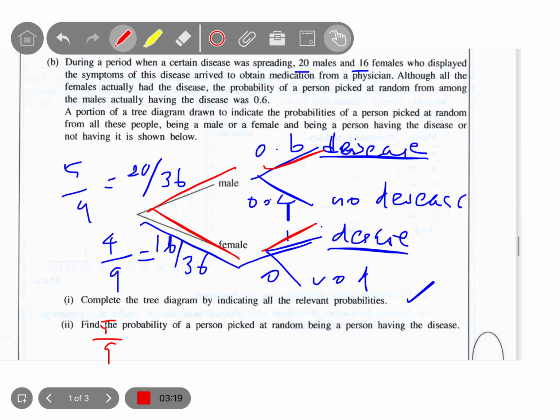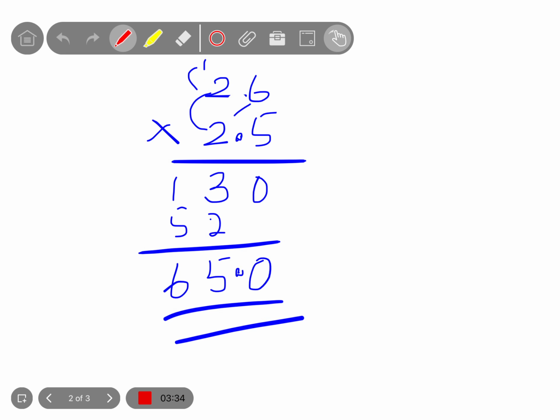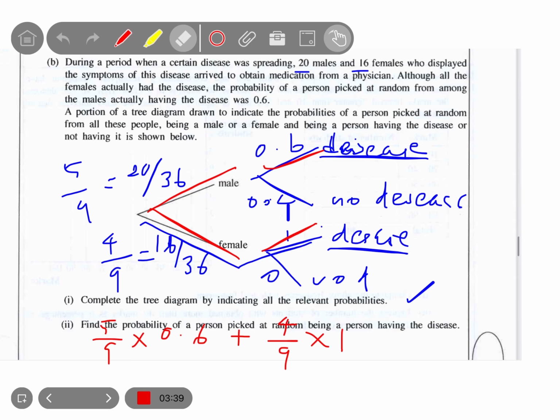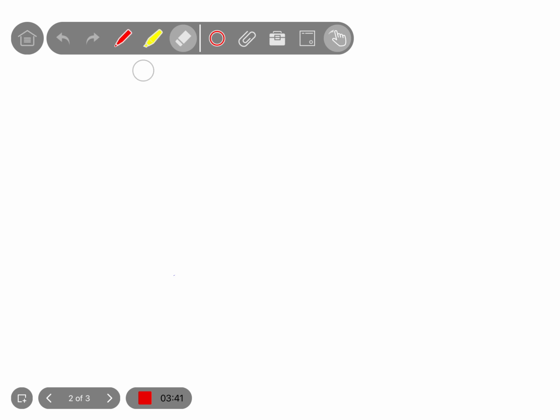5 over 9 times 0.6 plus 4 over 9 times 1, because that's for sure. Let me use the rough work page here.